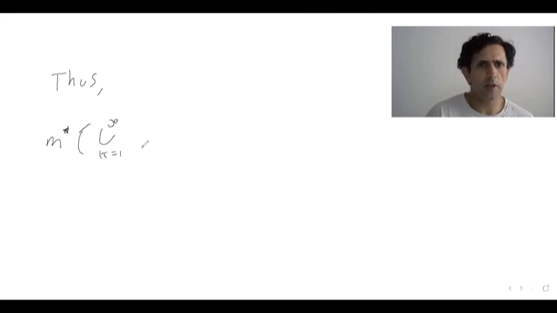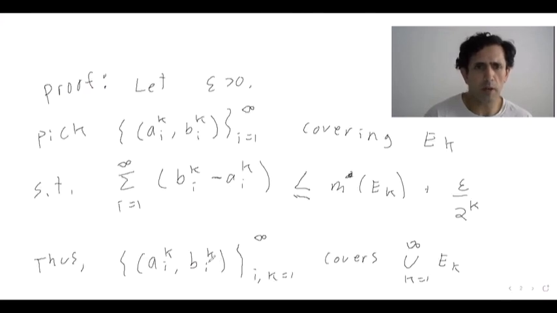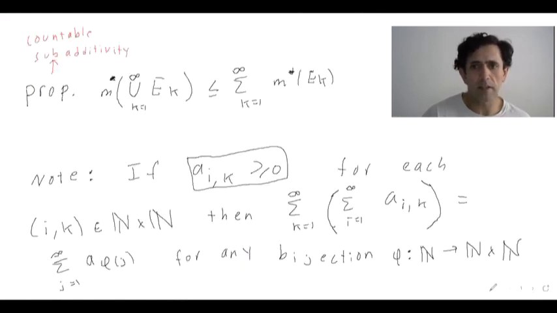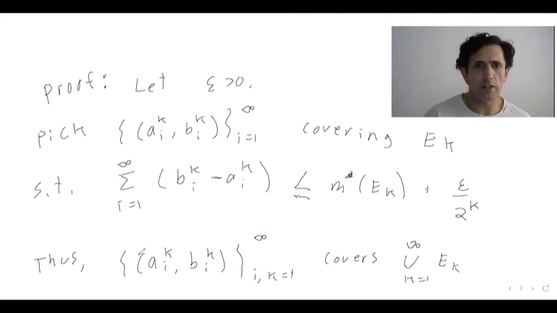So then the infimum has to be, it's a lower bound. So the infimum is less than or equal to, well, the sum of the lengths of all of these intervals. What do I even mean by that? I mean exactly this red sum here, where a_ik is just the length of this interval here.